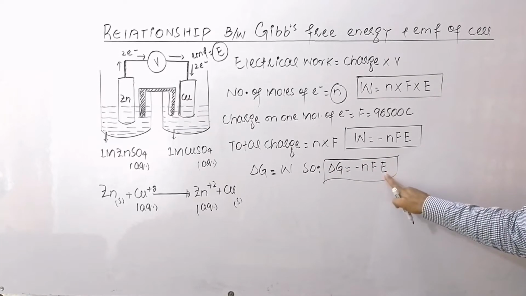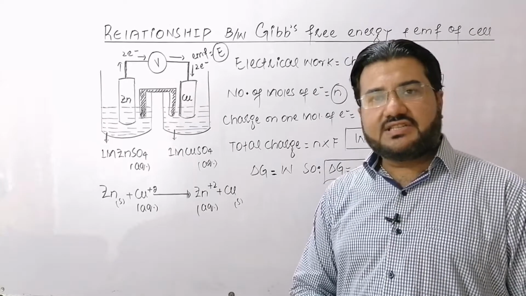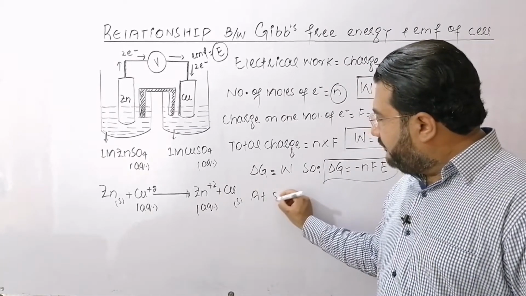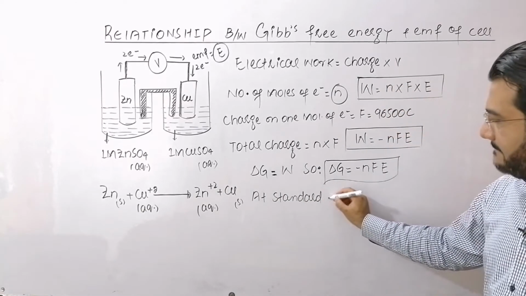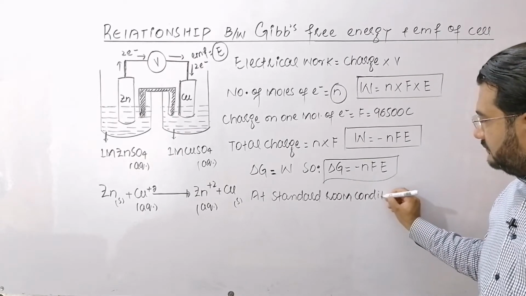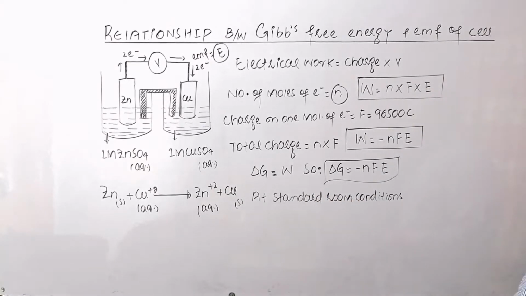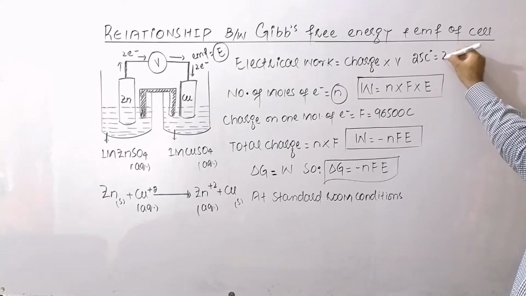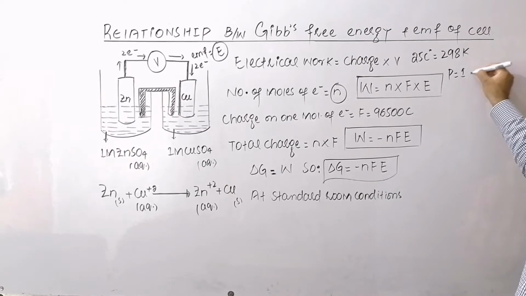Now this E is the EMF of the cell, and this one is the relation between the Gibbs free energy change and the EMF of the cell. Under standard conditions, or at standard room conditions, and you know what the standard room conditions are: 25 degrees C, which is equal to 298 Kelvin, and pressure should be 1 atm.